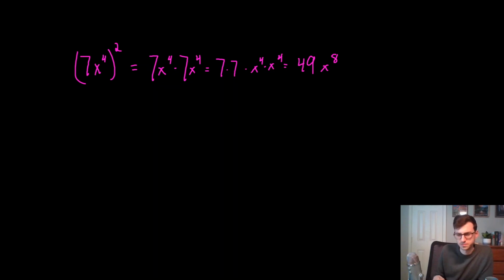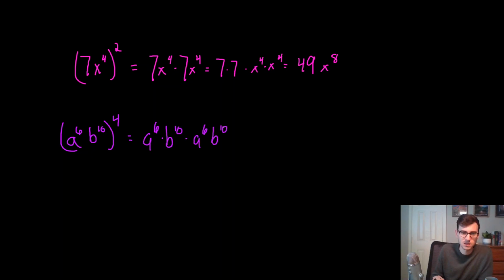Let's try one more example. What if I had a to the 6, b to the 10, all to the 4th? What would that look like? Well, again, you could put it as a to the 6 b to the 10th times a to the 6 b to the 10th, and so on, four times.